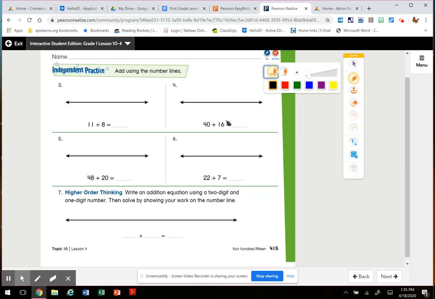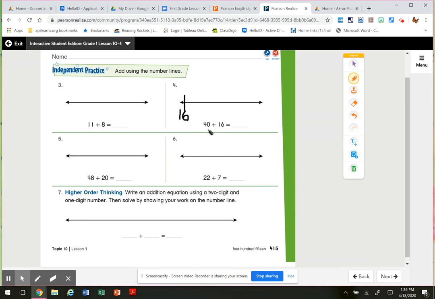Now, I'm going to start with the number 16, because I want to count by tens to make my hops. So I'm going to put my 16 here. I look at my other addend, which is the number that I'm going to add to it, and it is 40. 40 begins with a 4, ends with a 0.